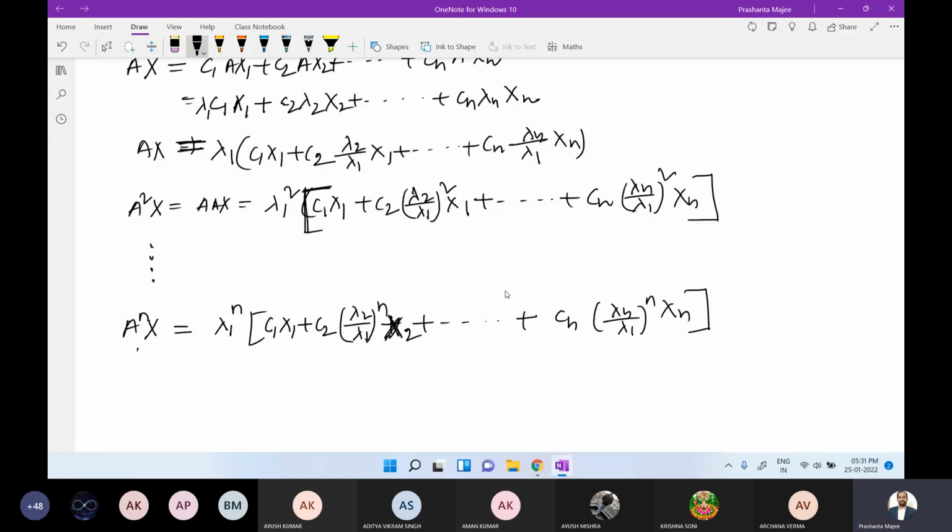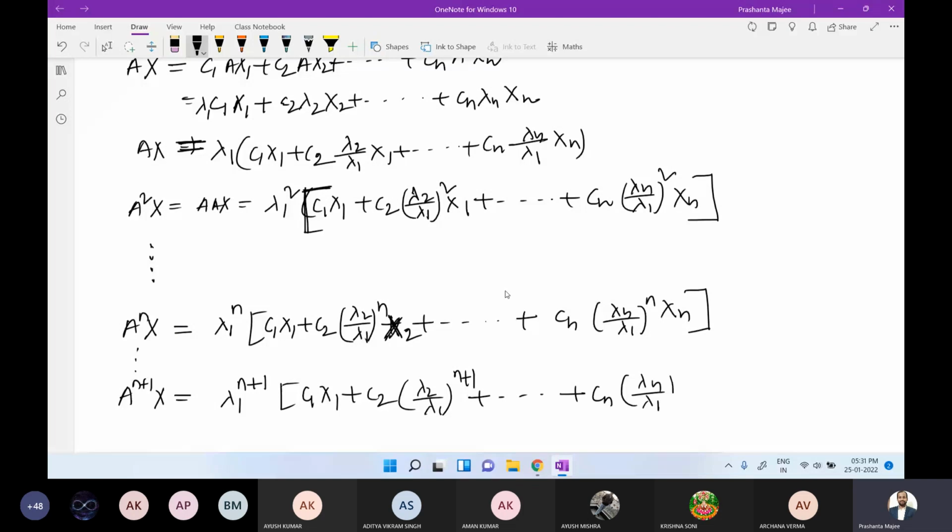What will be A power n plus 1? You replace n by n plus 1. So A power n plus 1 x will be lambda 1 power n plus 1 times c1 x1 plus c2 lambda 2 by lambda 1 power n plus 1 up to cn lambda n by lambda 1 power n plus 1.